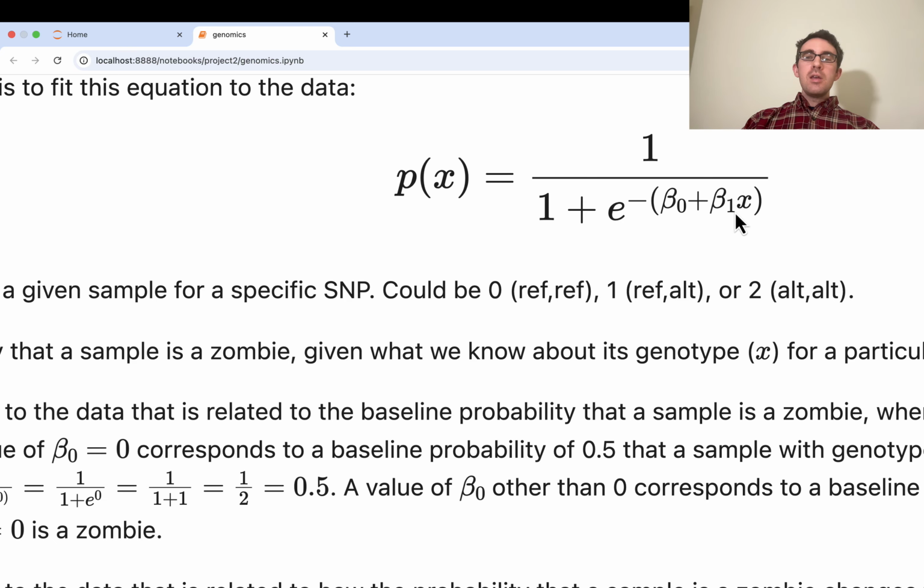And then the predicted probability that someone is a zombie or a case, if the genotype is 1 or 2, will be the same as the baseline probability of the people with genotype 0, because x is just disappearing, getting multiplied by beta 1, which is 0. But if beta 1 is something other than 0, that means that a 1 or a 2 will change our predicted probability from the baseline. Basically, the genotype actually will matter.